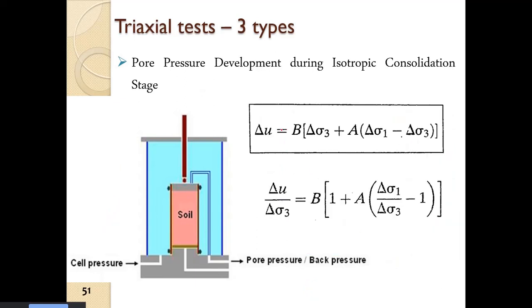So up till now we have discussed the B parameter. It is already time up.